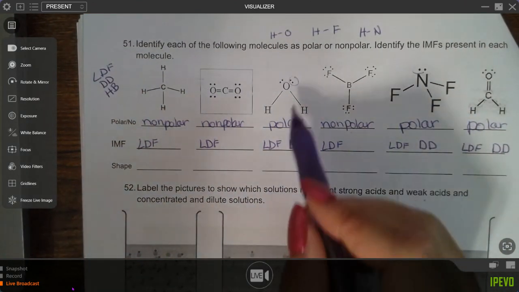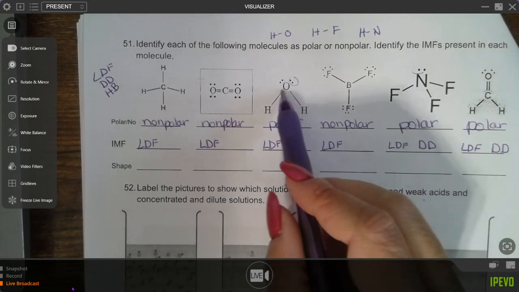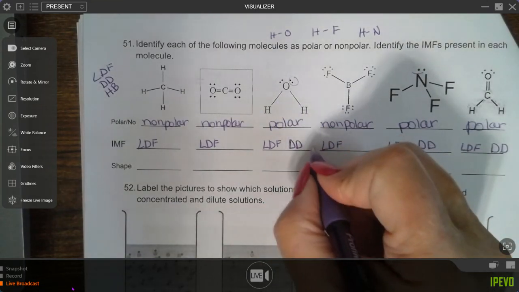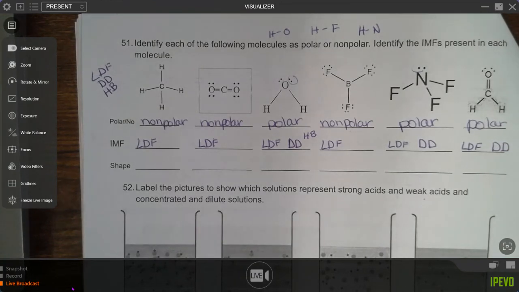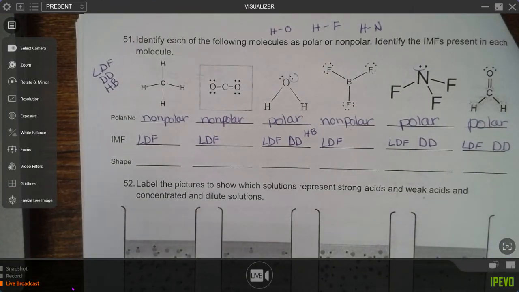Okay, so this molecule has hydrogen bonding, and it is the only one. And then the strongest intermolecular force is hydrogen bonding. The weakest intermolecular force is London dispersion forces.